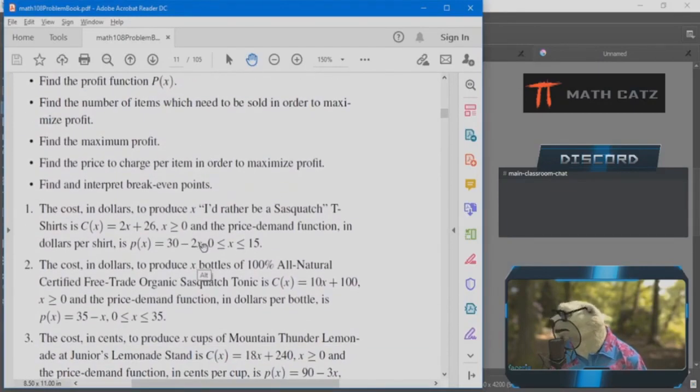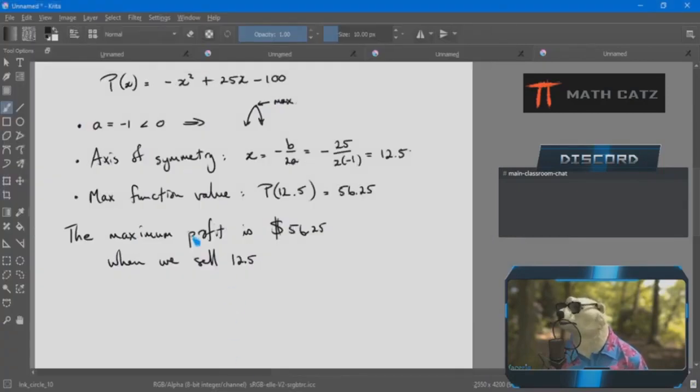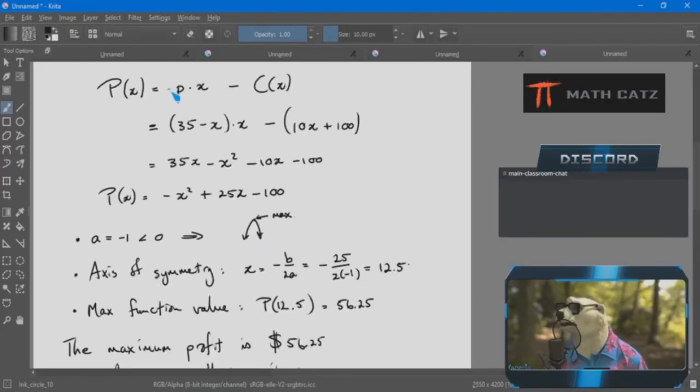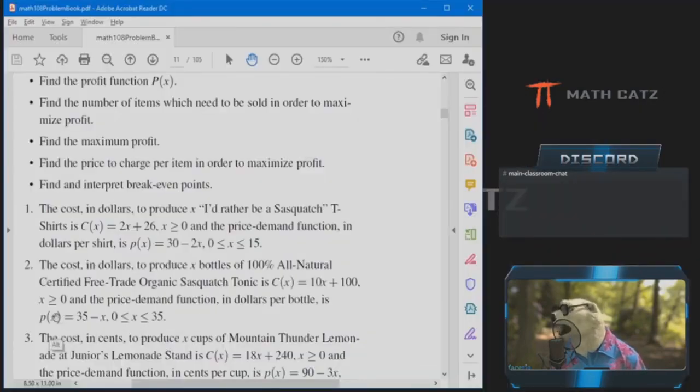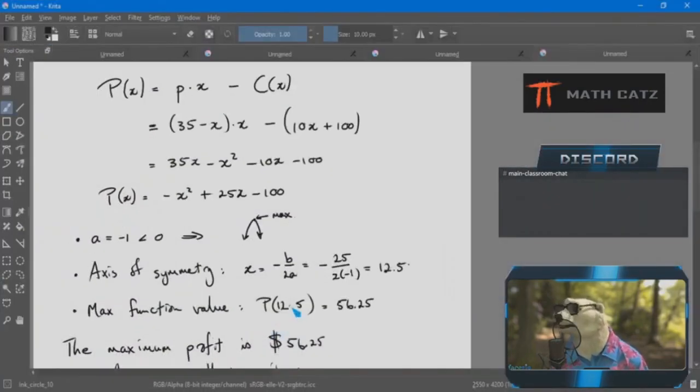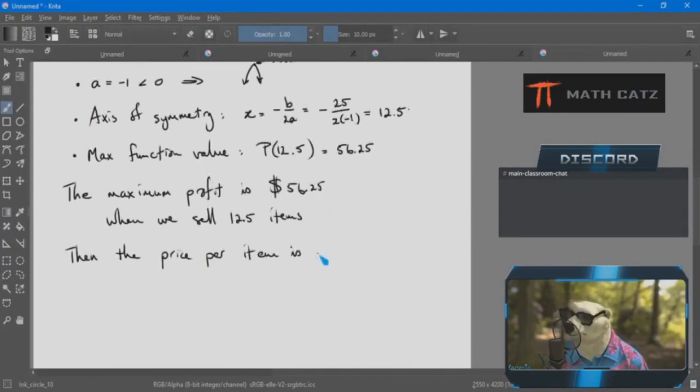Profit function, number of items, maximum profit, what is the price that would go with it? Or let's say then, the price per item is, well, my little p is the price depending on the items. That was 35 minus x over here. So 35 minus x is simple enough.